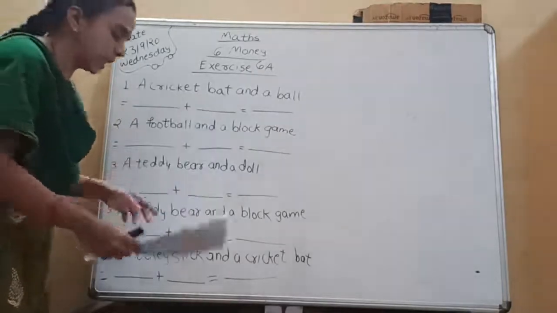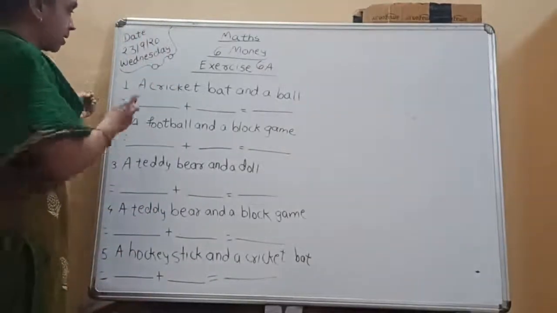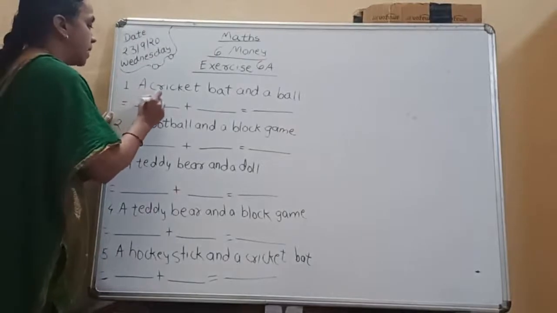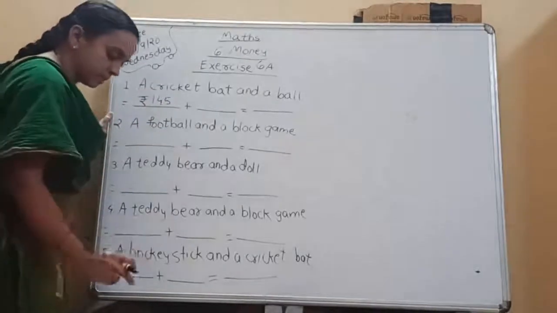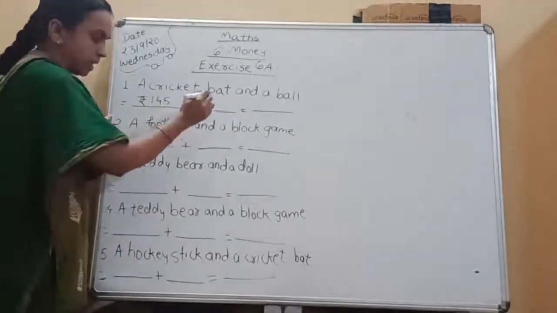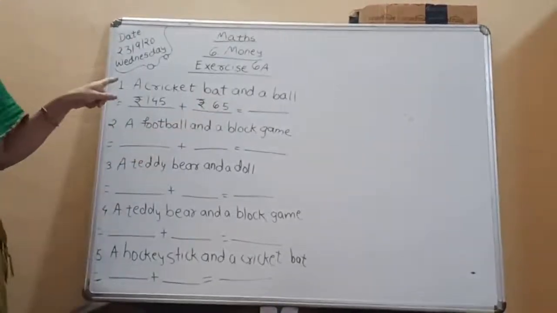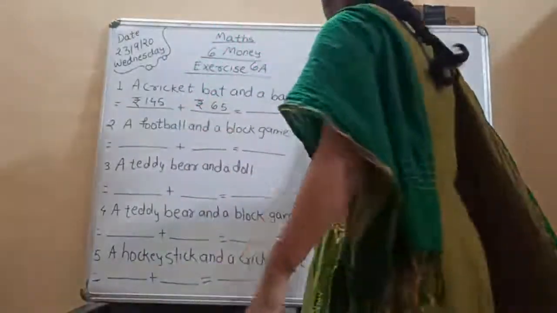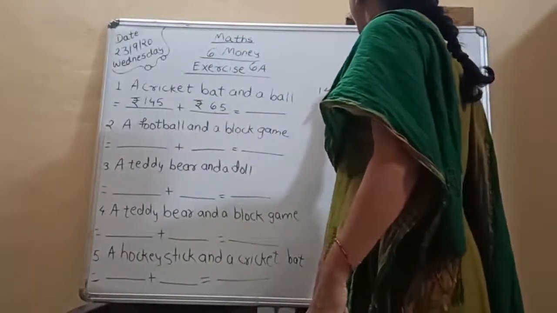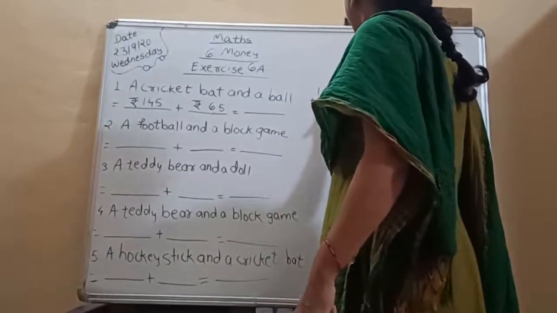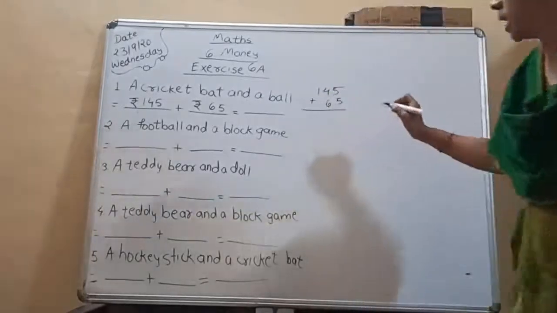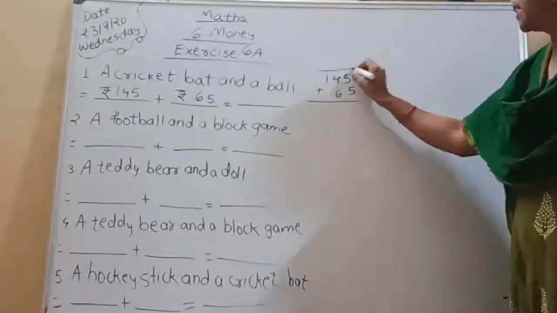So we have to add here rupees 145 plus the price of the ball, rupees 65. So we have to do addition here. 145 plus 65. In this way we have to do the addition.